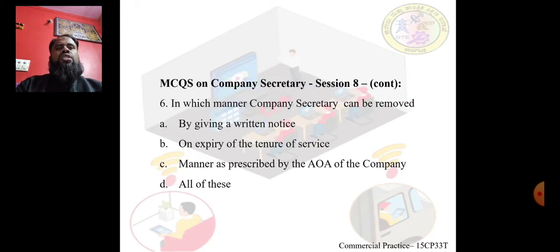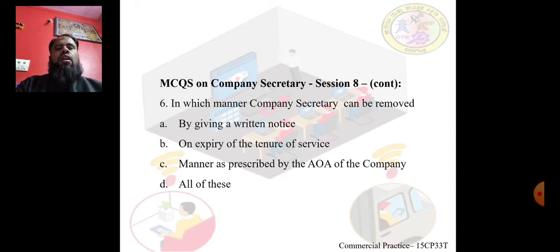Yes, the next question is, in which manner can the company secretary be removed? Option A, by giving a written notice. Option B, on expiry of the tenure of the service. Option C, manner as prescribed by articles of association of the company.